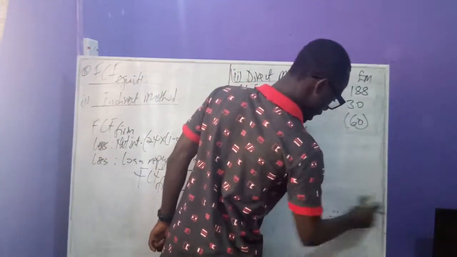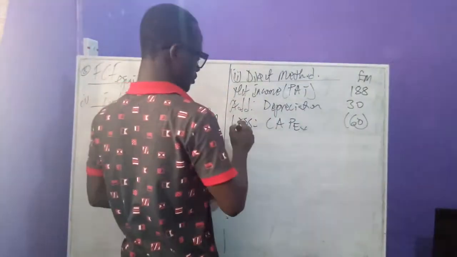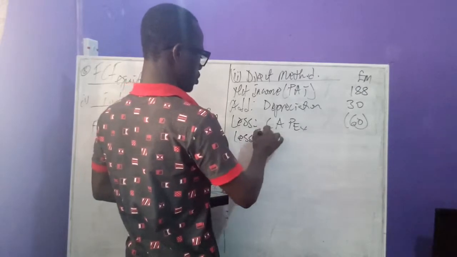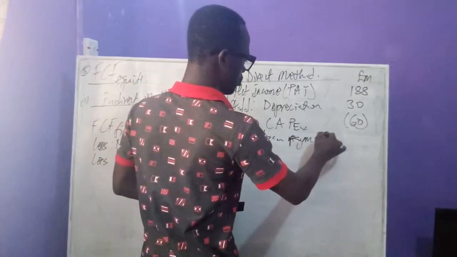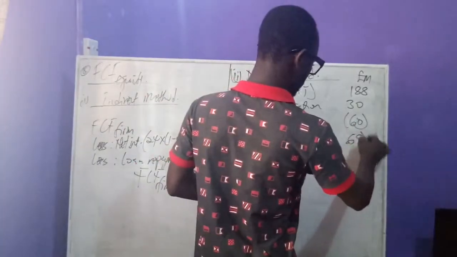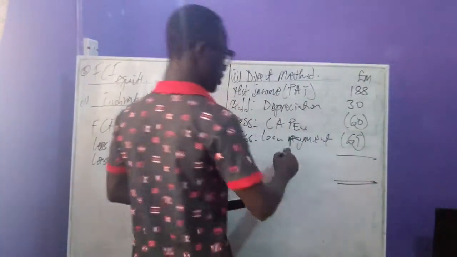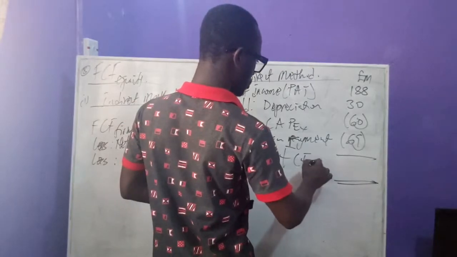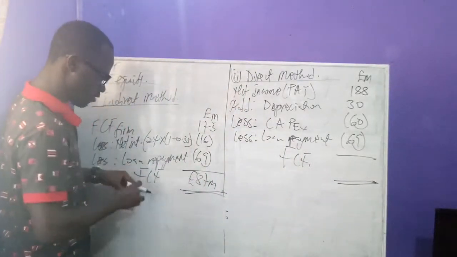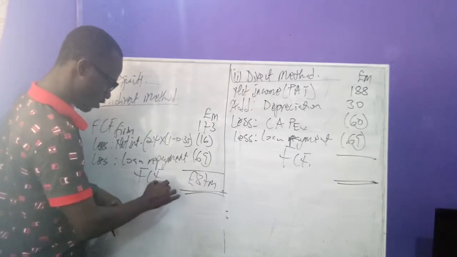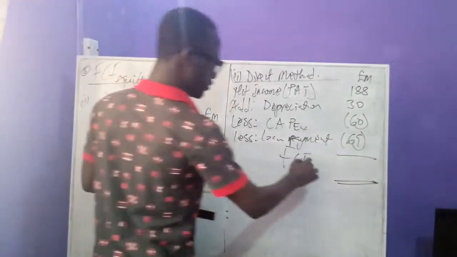So we bring that up. So we less loan payment, 69, and that will give us free cash flow to equity. I don't know why I'm sticking with firm. This is still equity, right? Forgive me. Free cash flow to equity.